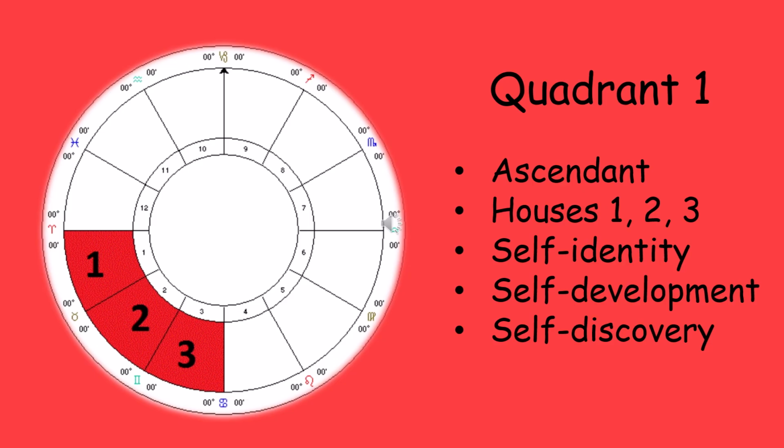If the person you're reading the chart for has a lot of planets in houses 1, 2, and 3, they will be more focused on their self-identity, their sense of self. Self-development, inner growth, inner reflection, and self-discovery would be some of the themes that might be prevalent or focal points for that individual.